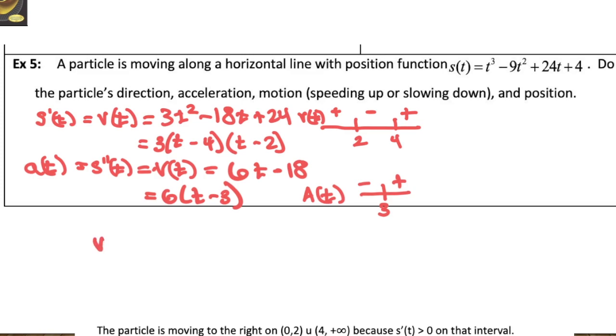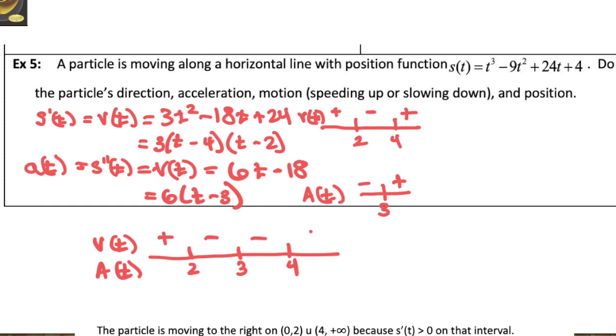Place your velocity sign chart and your acceleration sign chart on the same number line so that you can get a really good idea of where your function is speeding up and slowing down. So make certain you have your positives and negatives in the right positions, and then we will be able to talk about speeding up and slowing down.